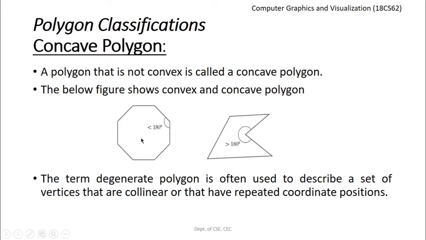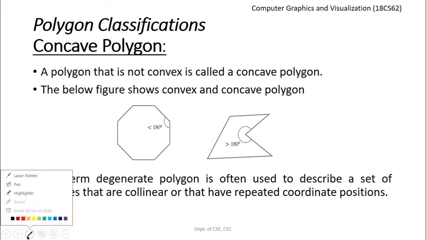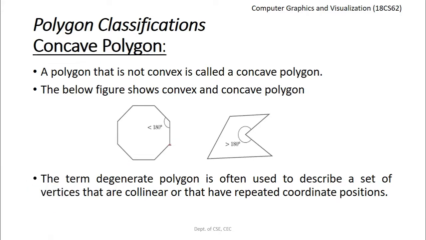If we consider the polygon on the left and extend any of the edges infinitely, what we observe is that all the other vertices lie on only one side, only on this side. So this is one more condition to consider it a convex polygon.